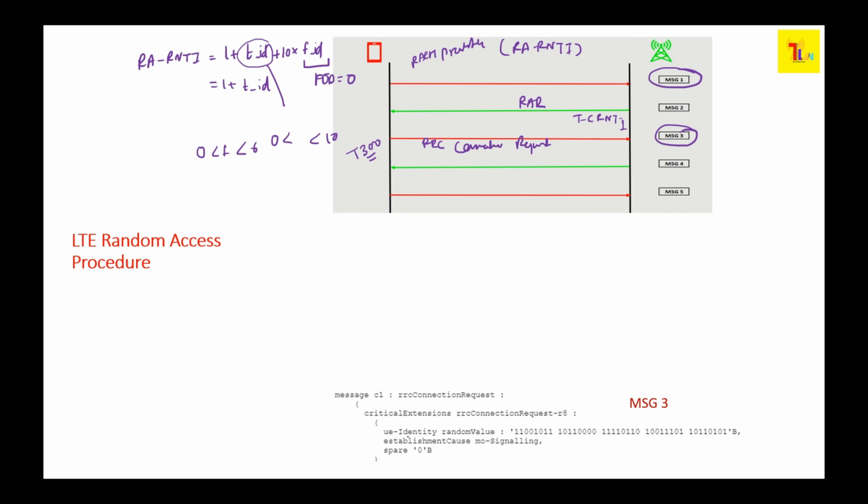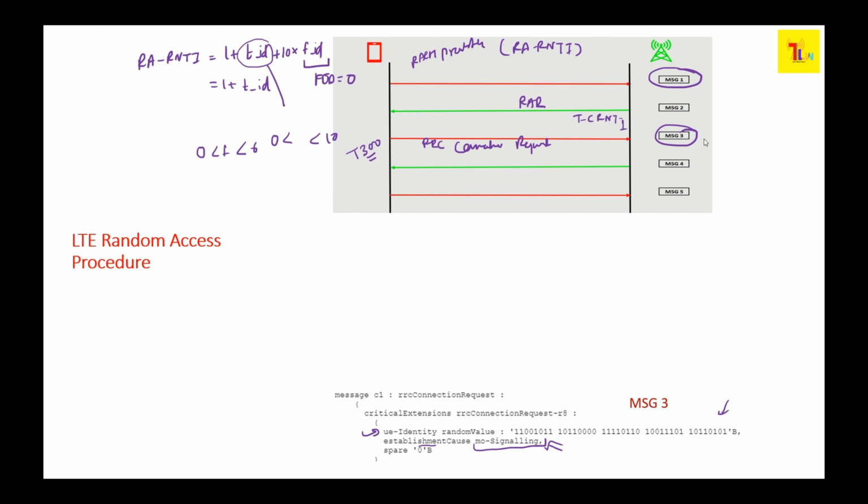It consists of the UE identity, a random value, because we can't use the IMSI directly, so we use a random value, and the establishment cause. Why exactly are you sending the RRC connection request in message 3? It can be MO signaling, emergency, anything, defined by the 3GPP. So this is what your message 3 is.